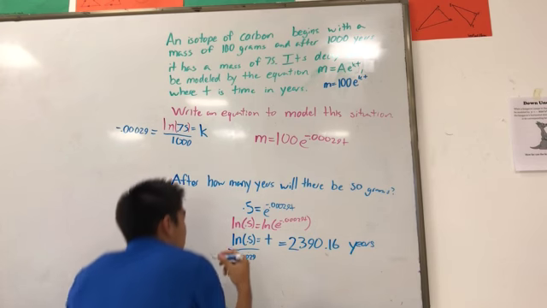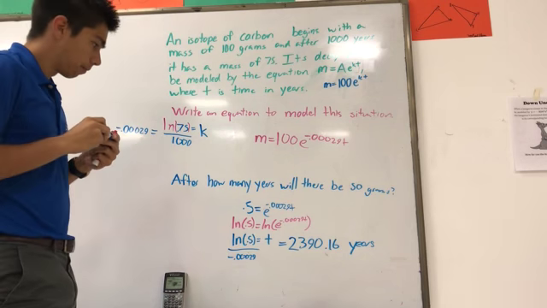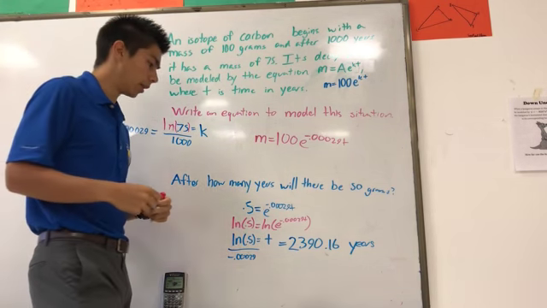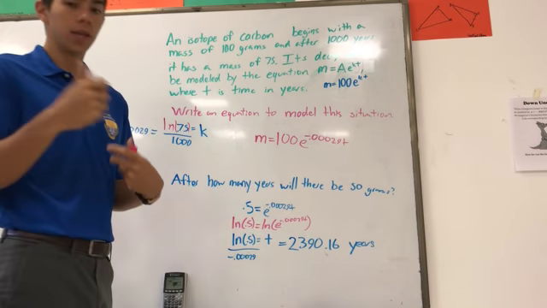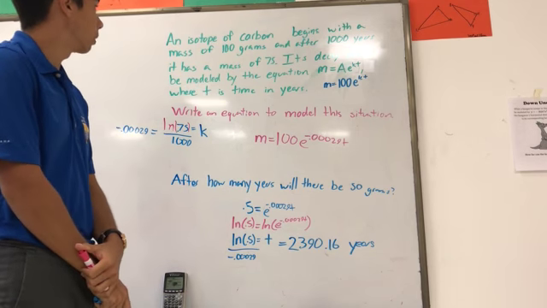So our answer to this question, after how many years will there be 50 grams? We have solved for t by using logarithms and plugging in that 50 grams at the start. And we know that after 2,390 years and a little bit more, there will be 50 grams left of this isotope of carbon.